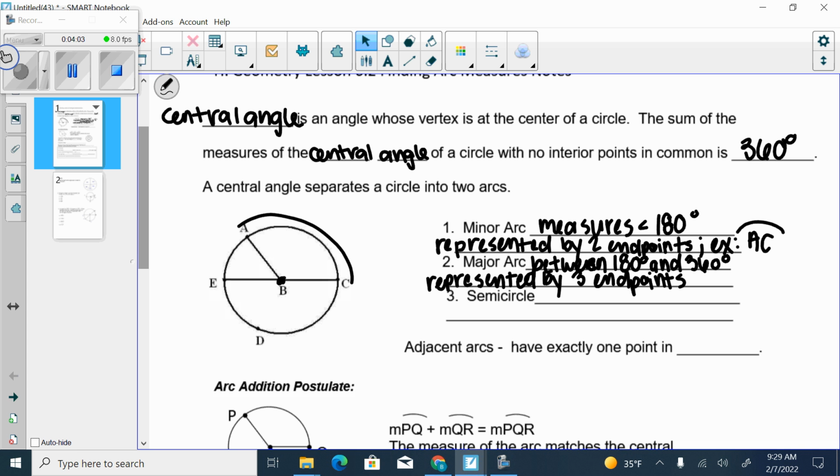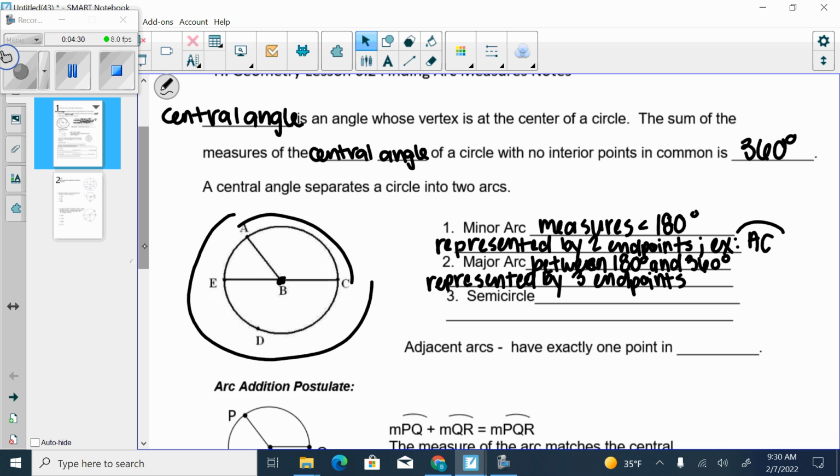An example of a major arc might be from A all the way to C, but the other direction. That's the reason that we name these with three letters instead of two, because if I said arc AC, you're going to assume I meant from here to here.